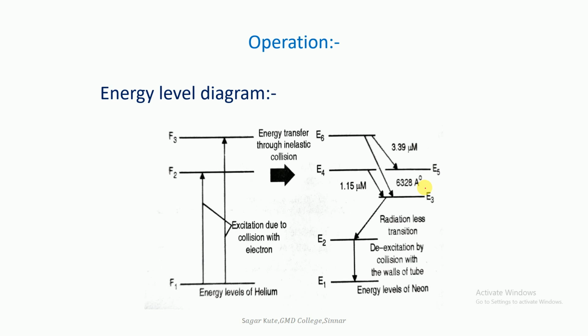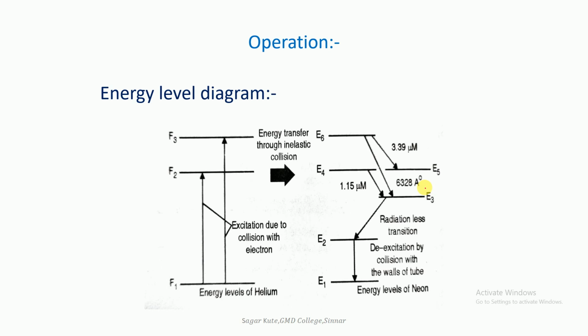Since the energy level E2 of neon is a metastable state, there is a possibility of atoms in level E2 getting re-excited to the higher level E3. If it happens, it may disturb the population inversion between the levels E6 and E3.